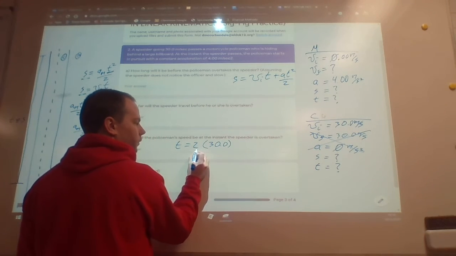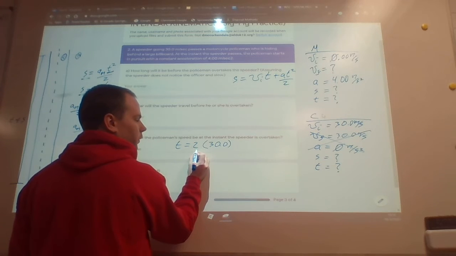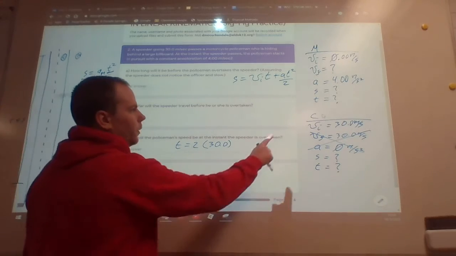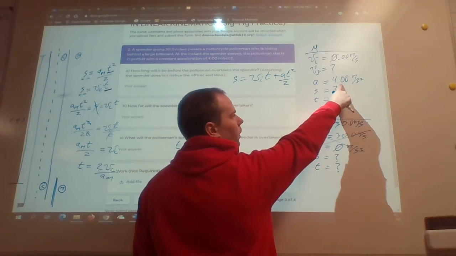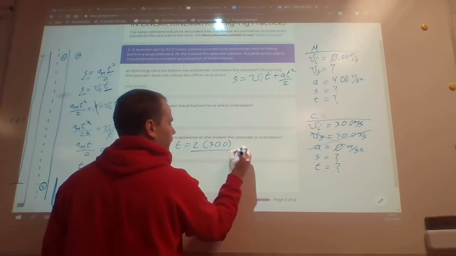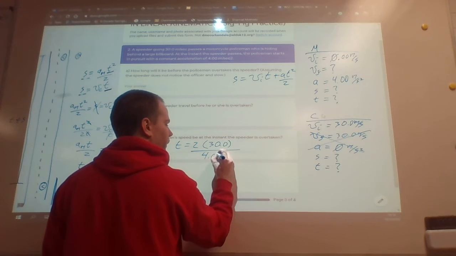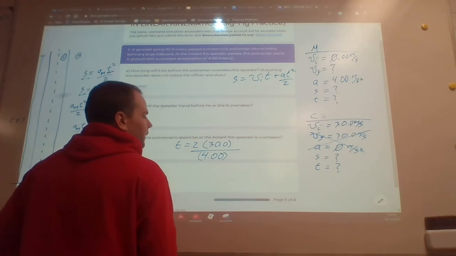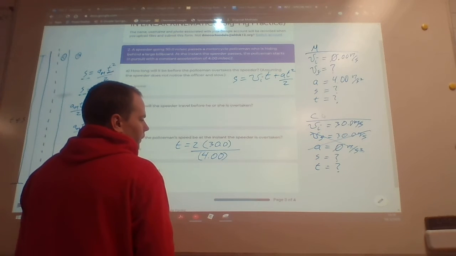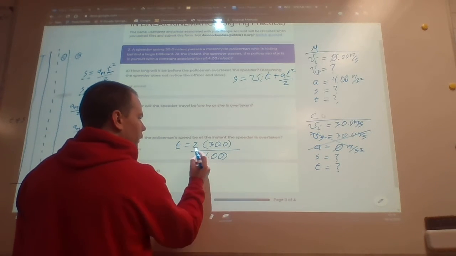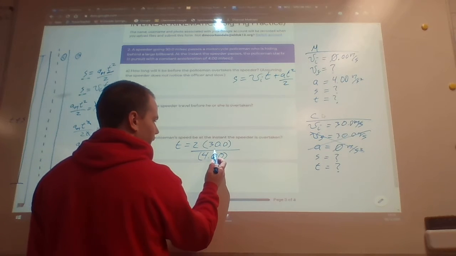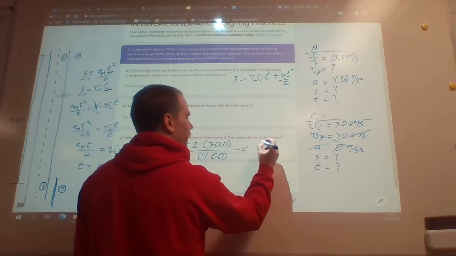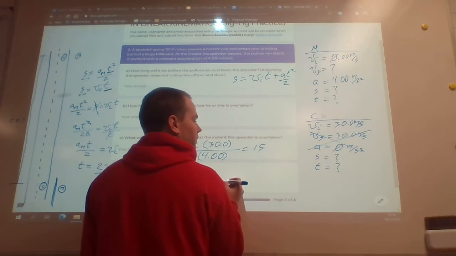Remember, this is an integer because it came from our source equation, divided by the acceleration of the motorcycle, which is 4.00 meters per second squared. So 2 times 30 is 60, divided by 4 is 15. So we get 15.